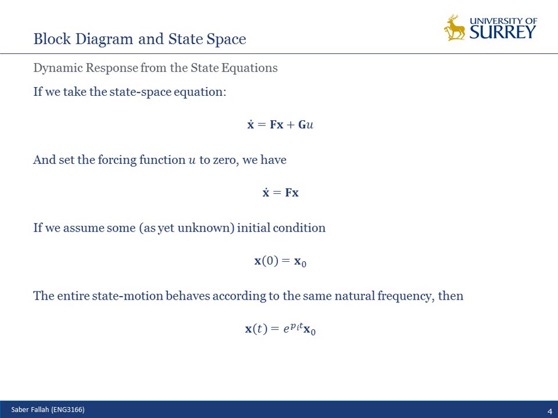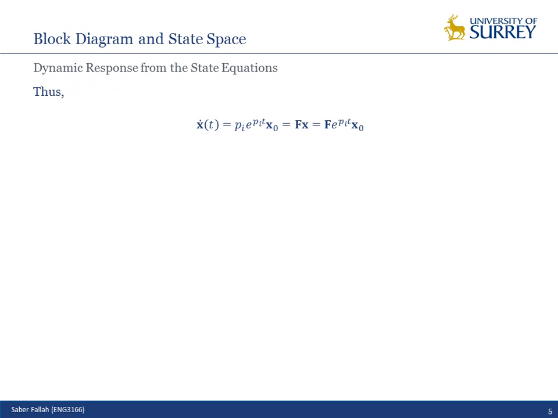Pi is my pole of the system. If I calculate x dot, I have pi e to the power pi t x naught, which is equal to Fx. X dot is equal to Fx, isn't it? And again, x is e to the power pi t x naught.